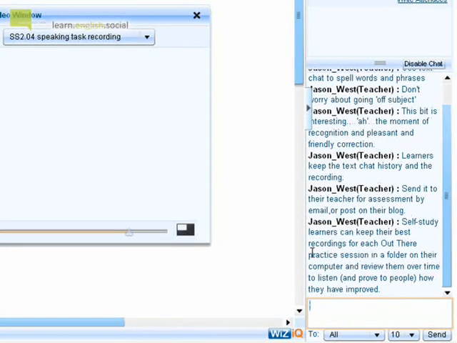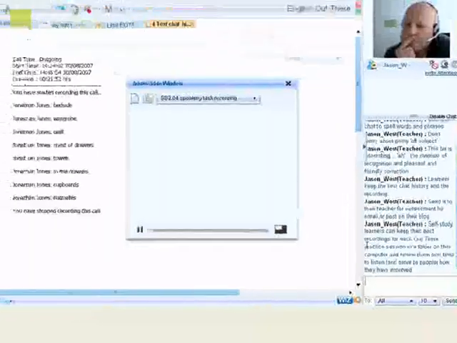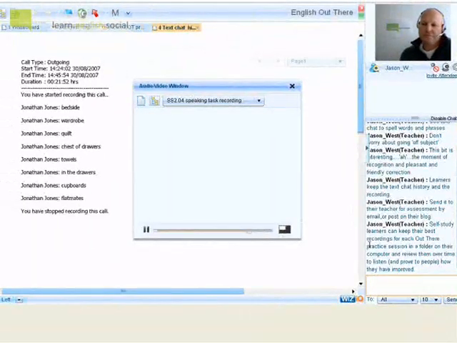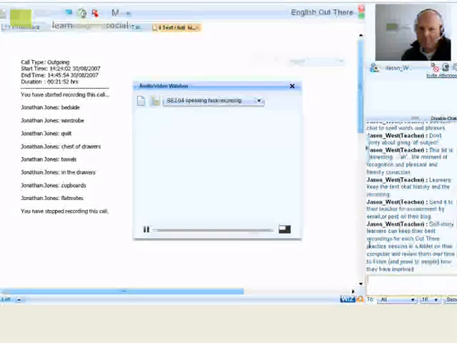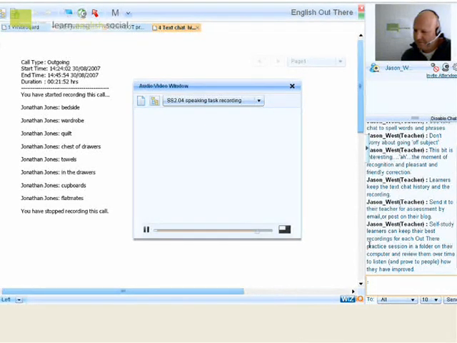Have you learned something from this lesson? Yes. I learned how to say wardrobe and chest of drawers and cupboards, and I also know flatmates. Great. We never know we can use a flat and a mate to produce a word.